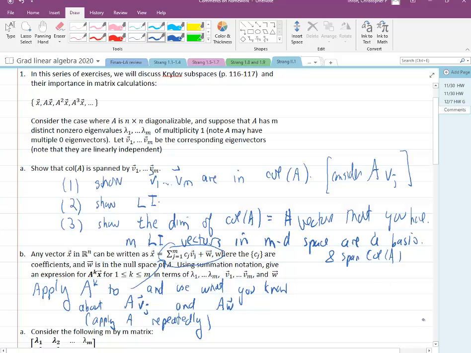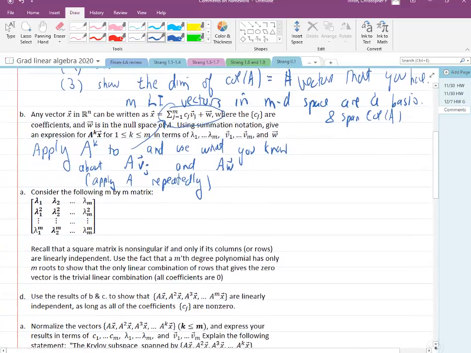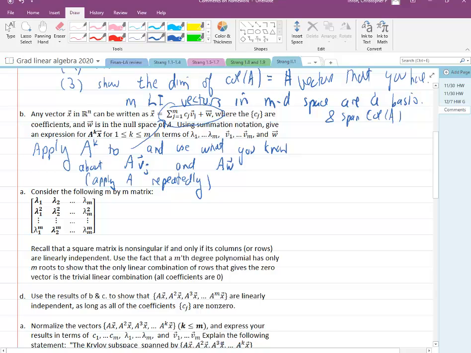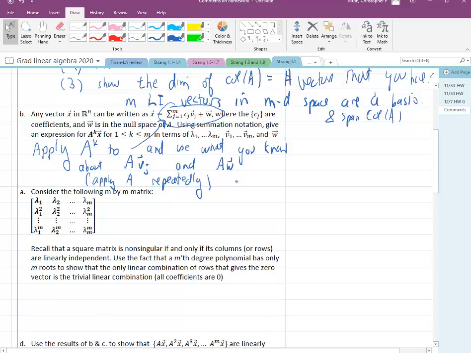All right, now let's go down to the next one. So what you want to do is write the linear combination of rows as a sum of vectors, so it's certainly going to be something like this, sum.